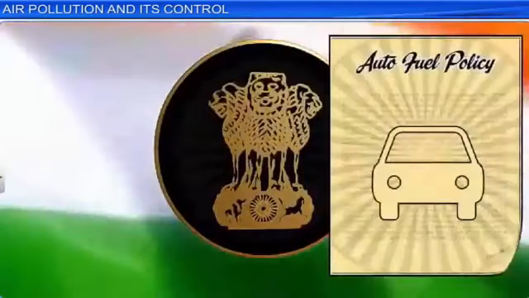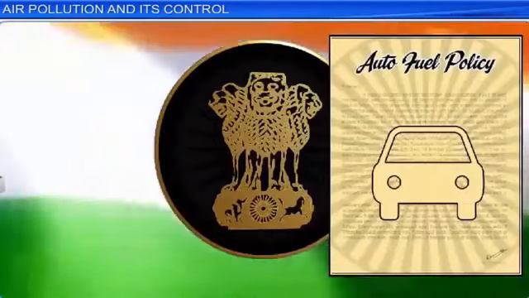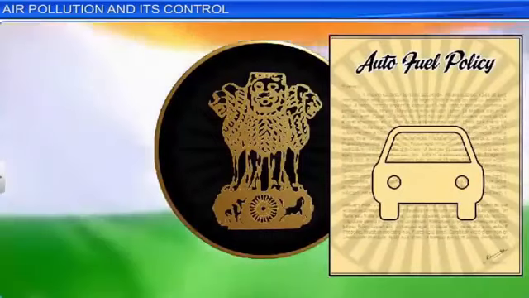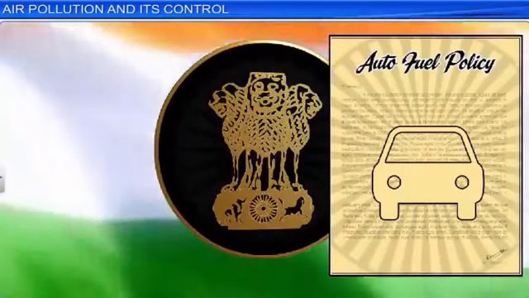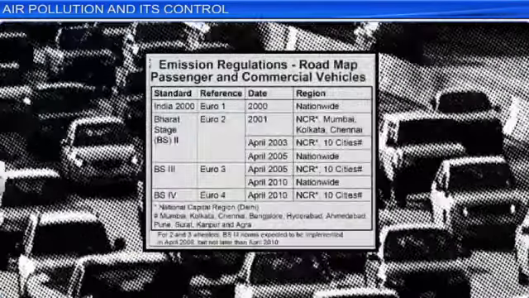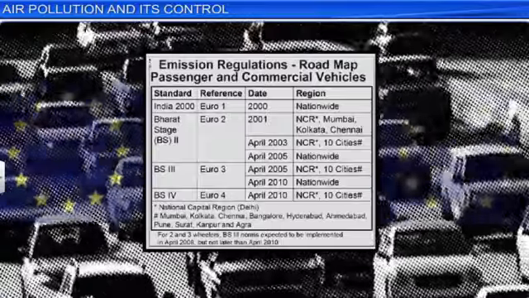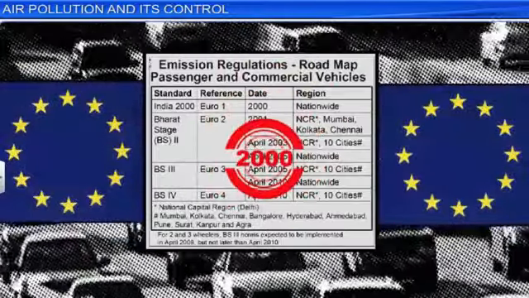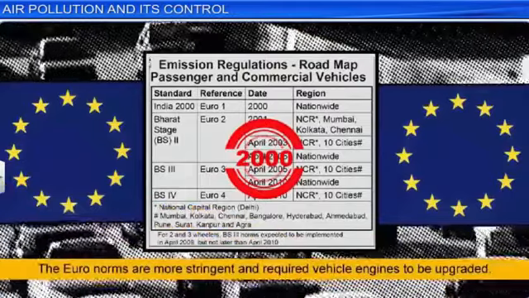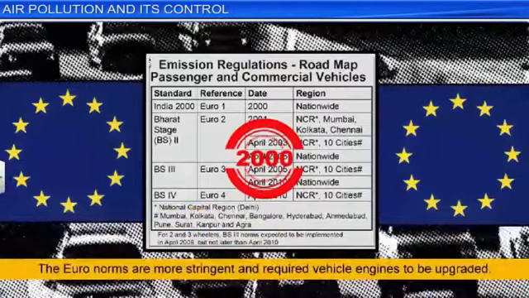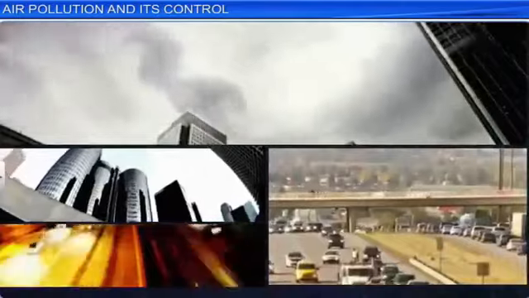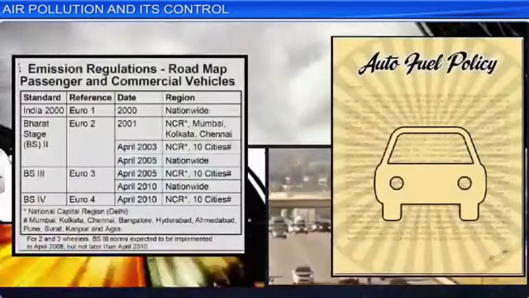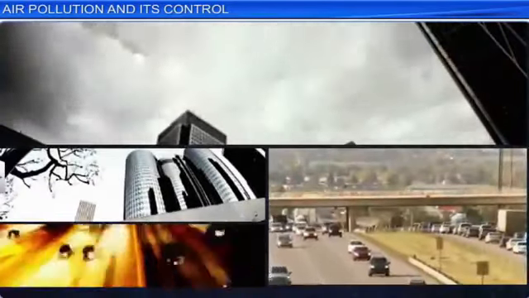Moreover, the Indian government formulated a new auto fuel policy to reduce vehicular pollution in other cities as well. This policy was based on the European standards or Euro norms and took effect in 2000. These norms are more stringent and required vehicle engines to be upgraded. The implementation of these stringent norms has considerably improved air quality.